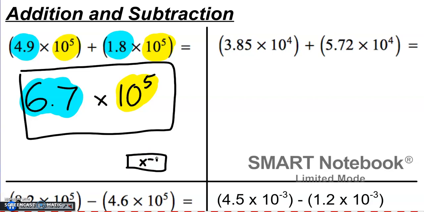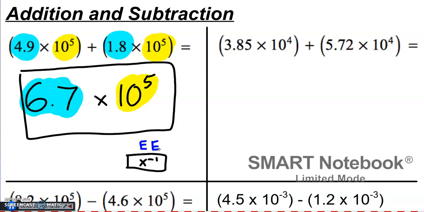X to the negative 1, but then above it is this E. Let's try it again. What that does is that tells the calculator, if you hit that second and then EE, that says I want to the power of blank.